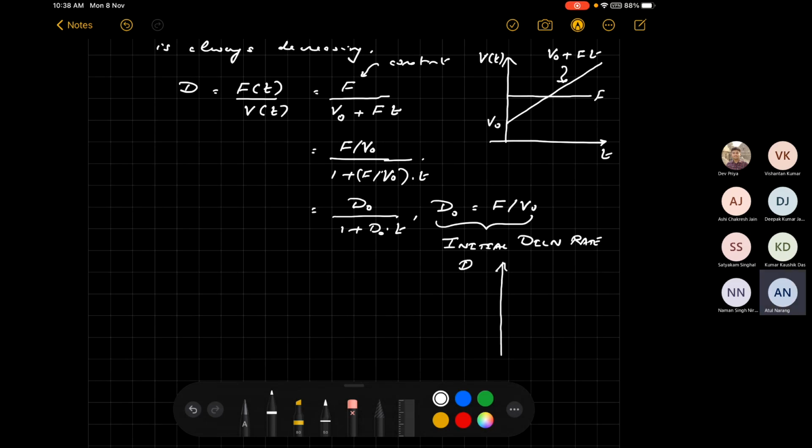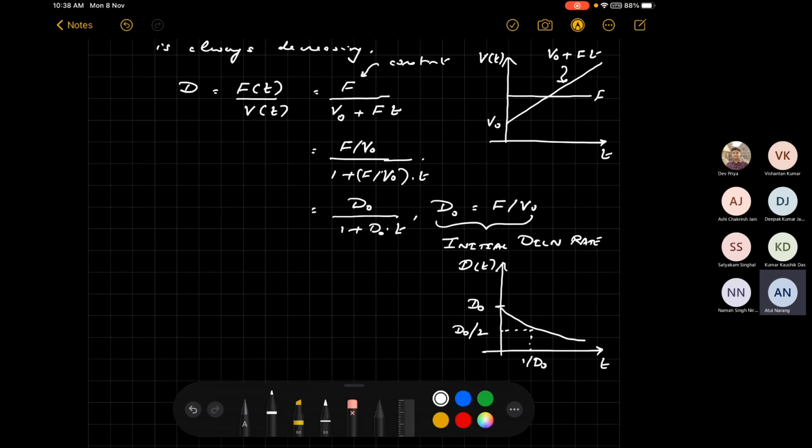This is your D as a function of time, and this is time. Initially, you have a D0, and then as time grows, it decreases hyperbolically, right? So, for example, at t equal to 1 over D0, this will be equal to D0 divided by 2.